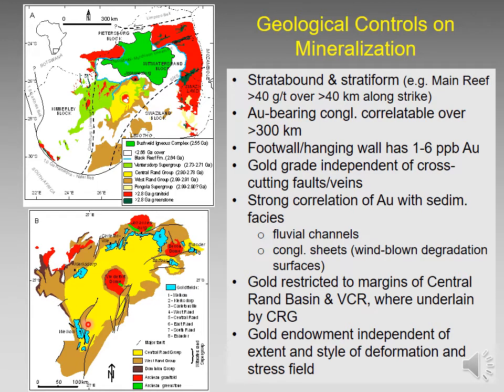So it doesn't matter how these rocks were deformed, in which way they were deformed, or to which extent they were deformed. The gold endowment of these gold fields is not dependent on the style of deformation. So deformation was clearly not a first order controlling factor on the gold endowment.